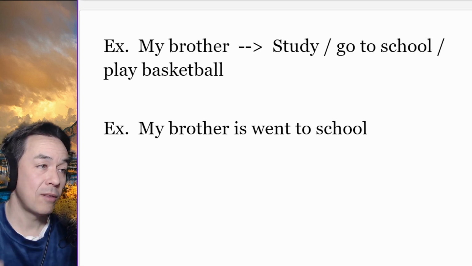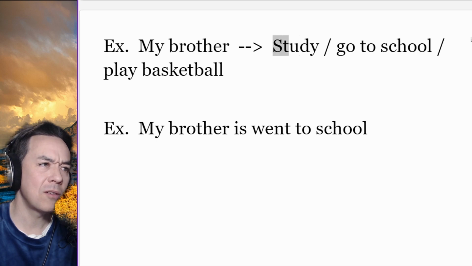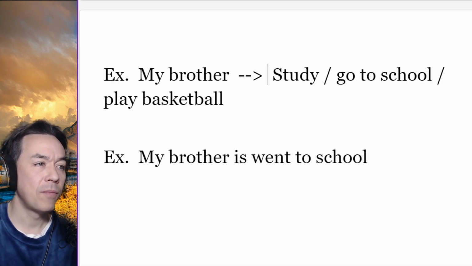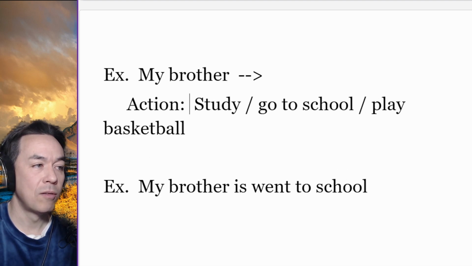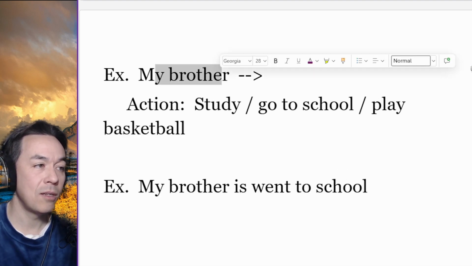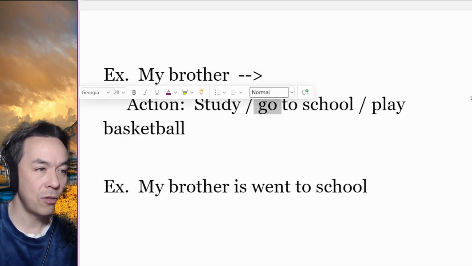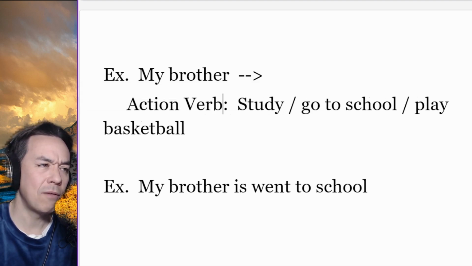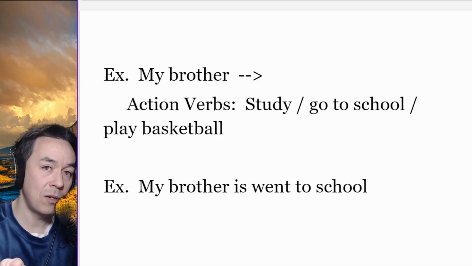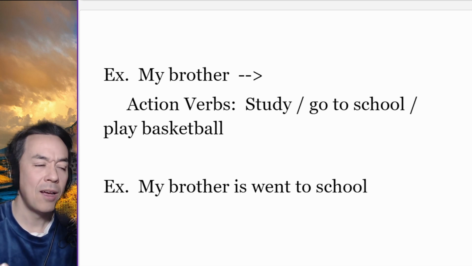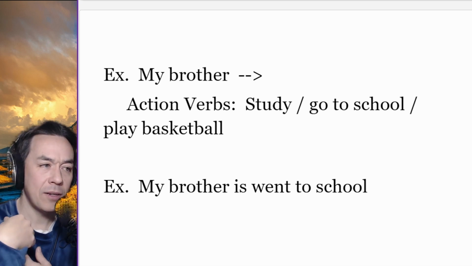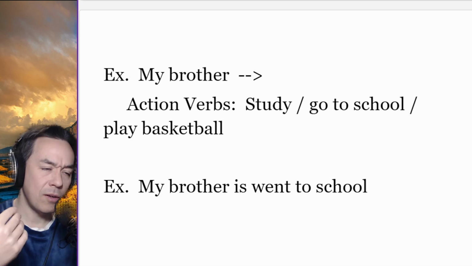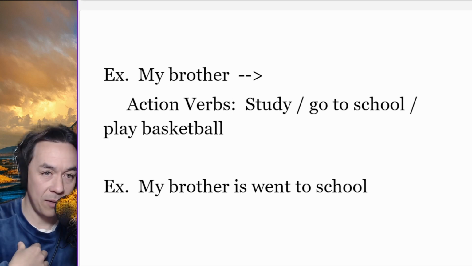Yeah, this is a problem here because these verbs are actually more like action verbs. My brother studies. My brother goes to school. My brother plays basketball. These are not verbs that can be done to me. Like I can't go to school cannot be done.